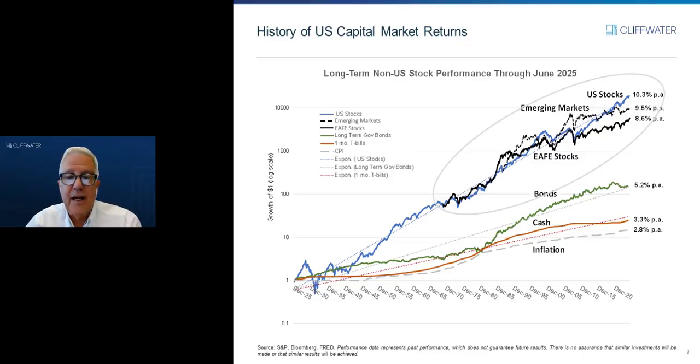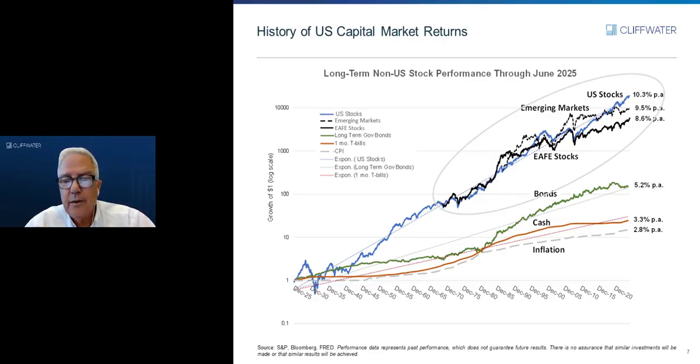And then the next slide, I introduced this a couple quarters ago. A lot of the differentiation in performance recently has been allocations to U.S. versus non-U.S. stocks. I divide non-U.S. stocks here into emerging markets and developed markets, or EFA.